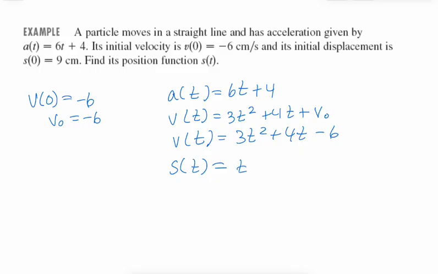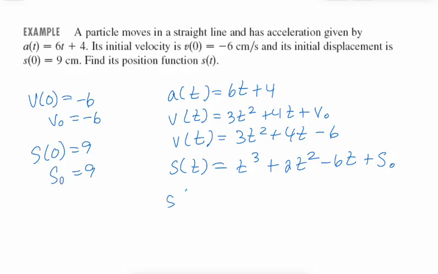So the 3's cancel out. This would be 4t squared divided by 2, or 2t squared. And this is going to be 6t. And then this is going to be plus the initial position. That's our constant. Now, they told us that our initial position was 9. So let's go ahead and put the 9 in. And then we have found the position function.